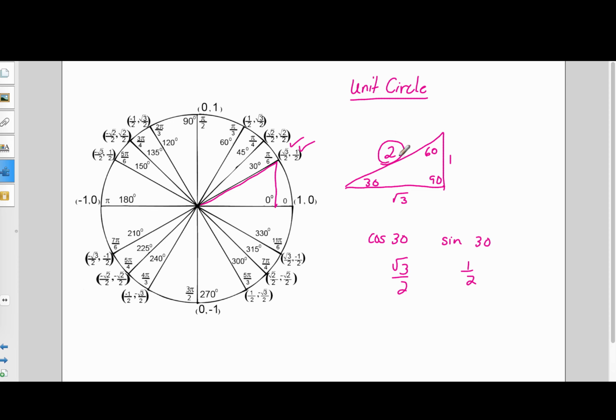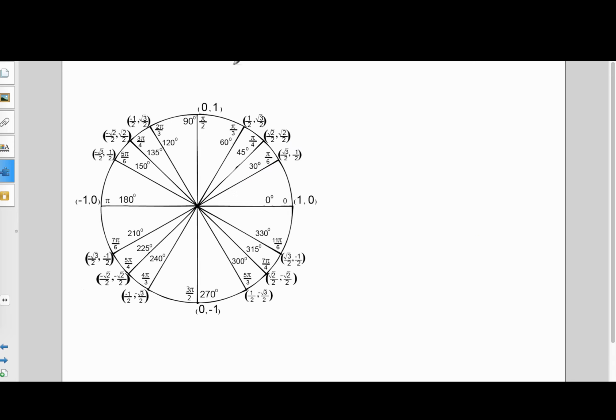You told me that my unit circle always has a hypotenuse of 1. Well, yeah. So really what we're saying here is that we traveled a distance of radical 3 over 2, and then we went up a height of 1/2, and our hypotenuse is 1.